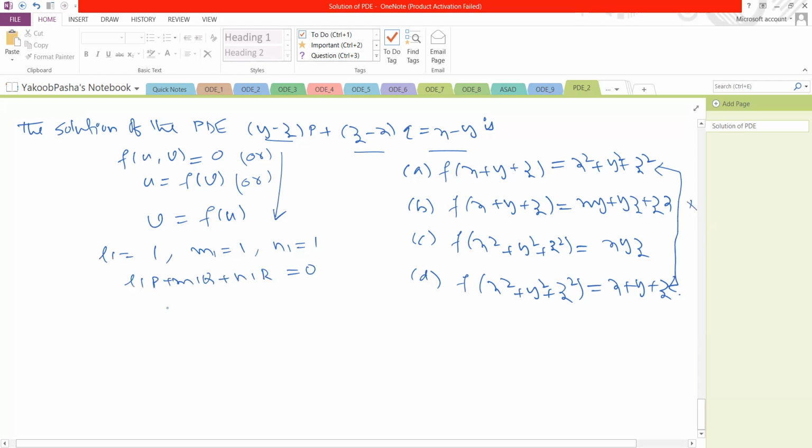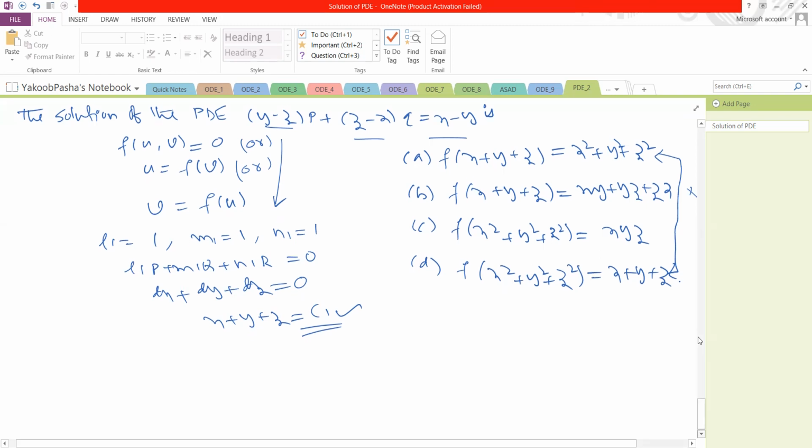So L1 into dx, that is 1 into dx, 1 into dy, 1 into dz is equal to c. So x plus y plus z is equal to c1 is the first curve. Now we need to find another curve.